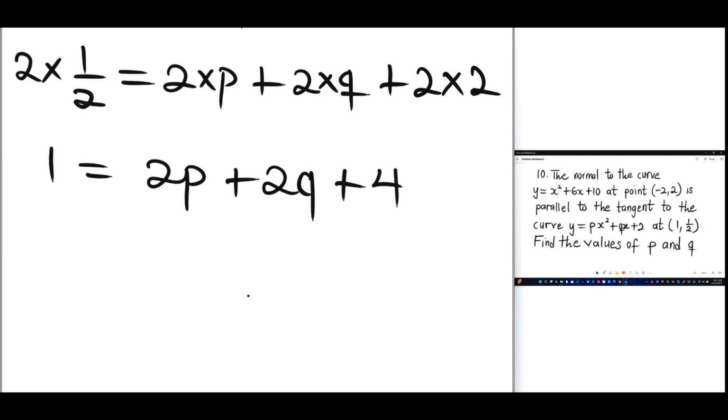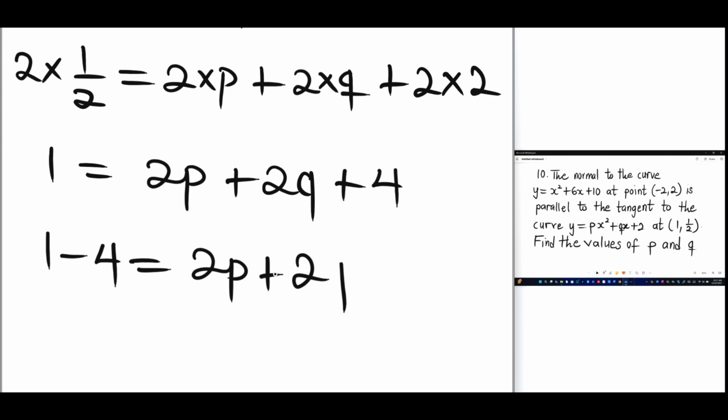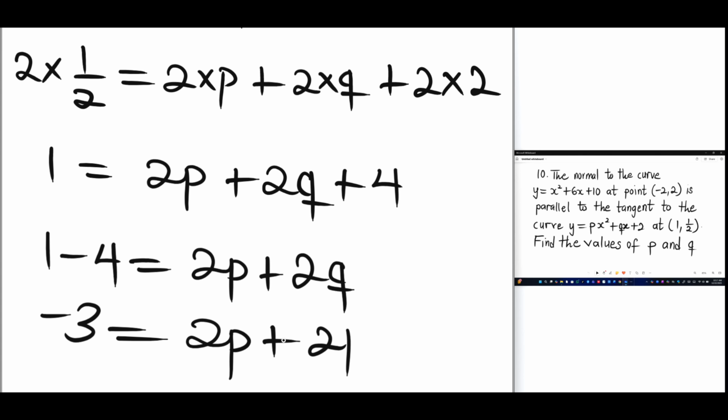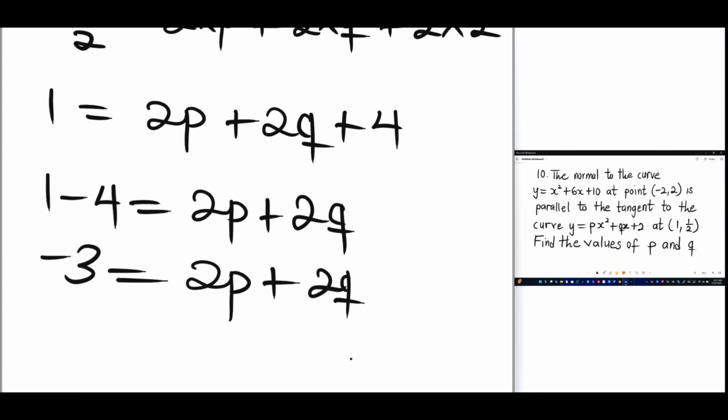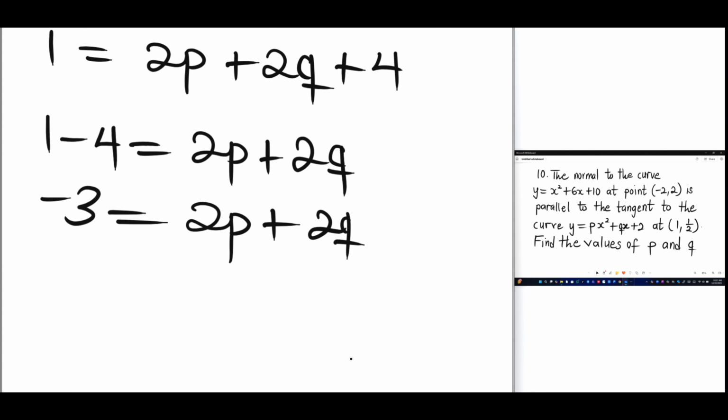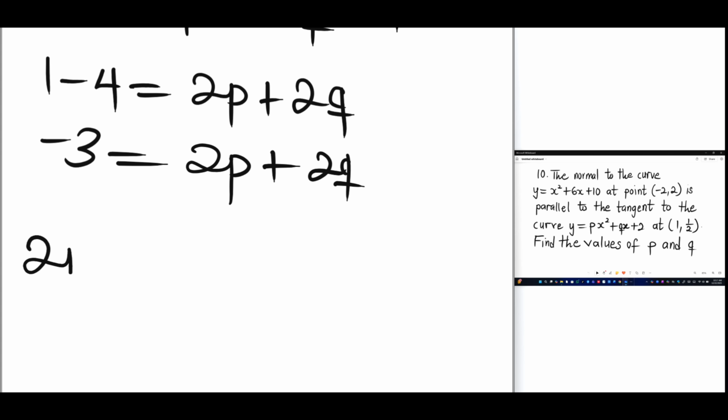So we need to transpose the 4 and group like terms. 1 minus 4 equals 2p plus 2q. So here we are going to get negative 3 is equal to 2p plus 2q. Let us rewrite it as 2p plus 2q equal to negative 3.